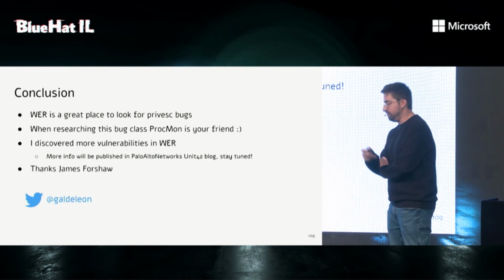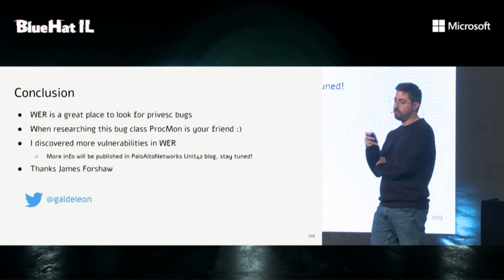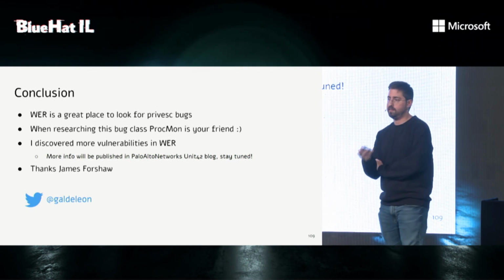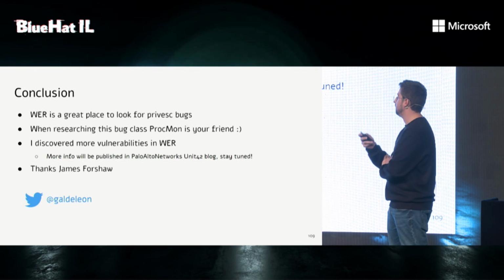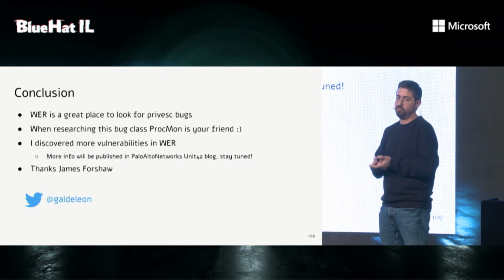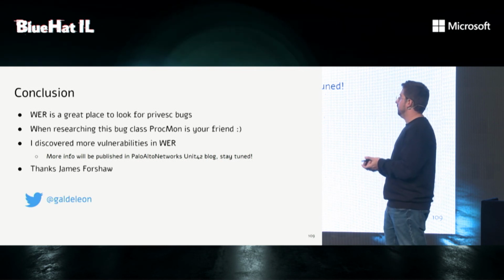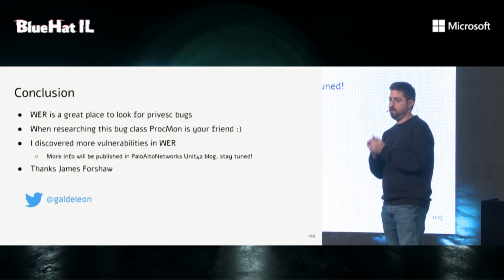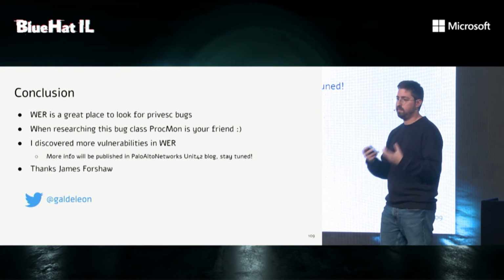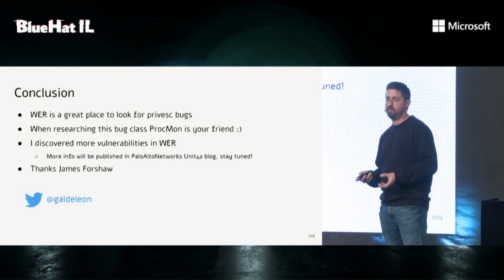So to conclude, Windows error reporting is a great place to look for privilege escalation bugs. It has a very large attack surface for these types of things, not only for file system access bugs, but for more too. If you're a researcher in this bug class specifically, I'd really recommend you use Procmon. It is a better use of your time than just reverse engineering binaries.